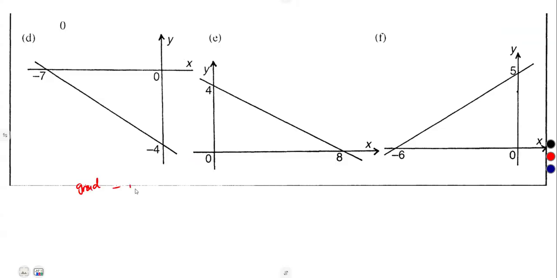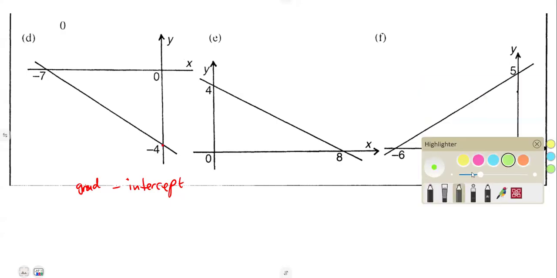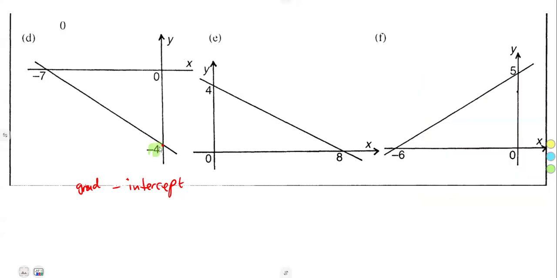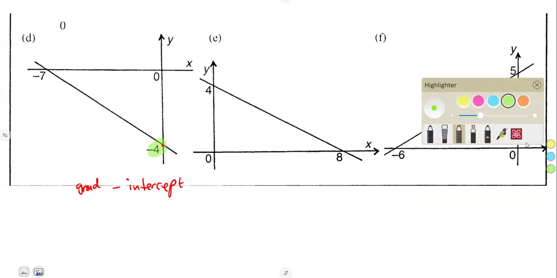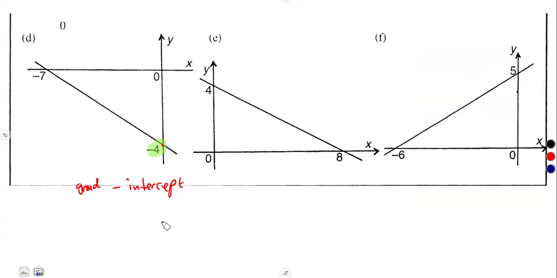If I can know the gradient of the line and the y-intercept, where the line crosses or passes through the y-axis, I can simply use this format: y is equal to mx plus c, where m, remember, is your gradient and c is your y-intercept.